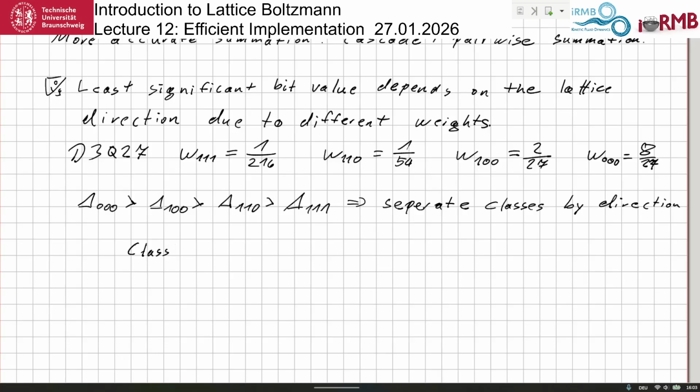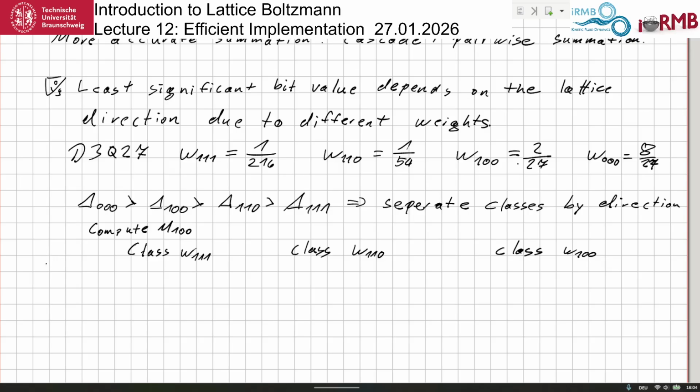Let's compute M100. 9 of them disappeared, so we'll not talk about them. But say we have the class of populations that come with W111, a class with W110, and a class with W100, and we have no class with 000 because this is not part of this moment.